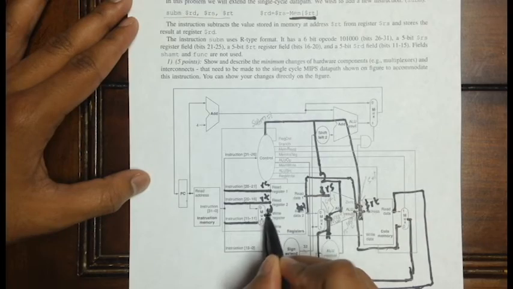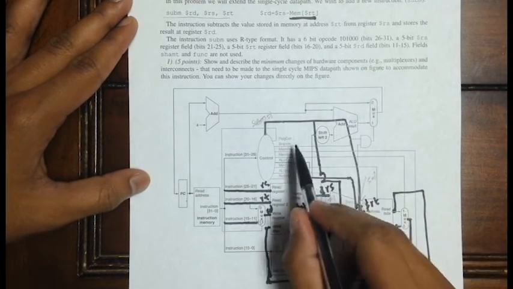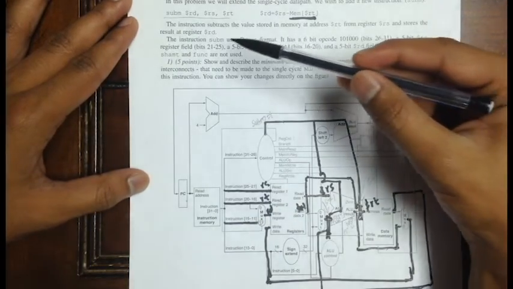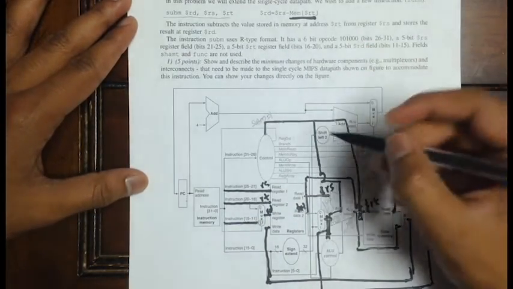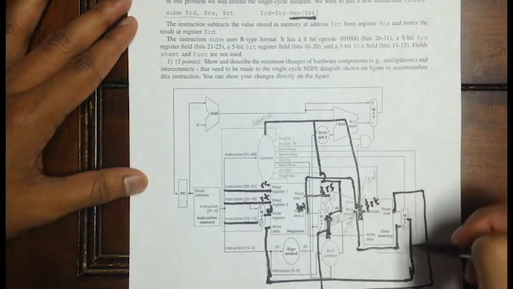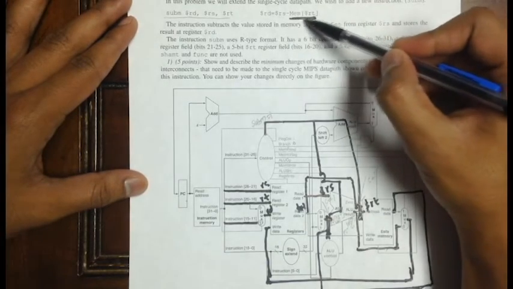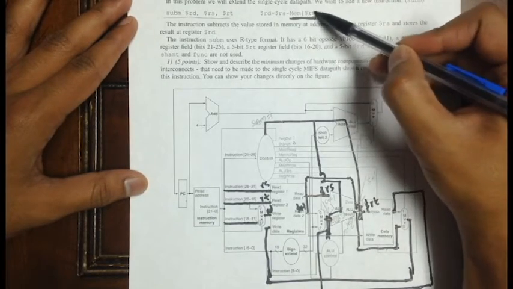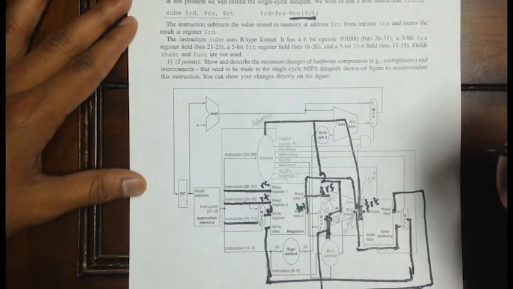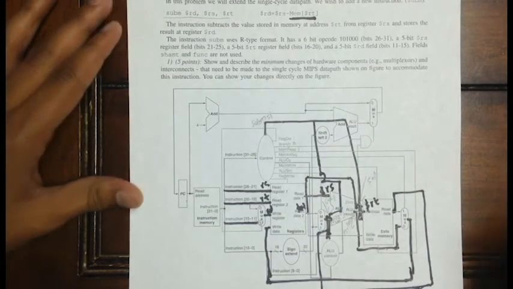RD is passed when 1 is active. Are we going to branch? No, we're not going to branch at any time during sub m. So branch is 0. Are we going to be reading memory? Yes, because memory is called from the address at data RT. So memory read is going to be 1.